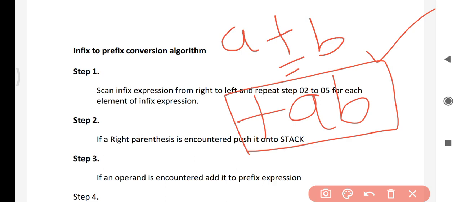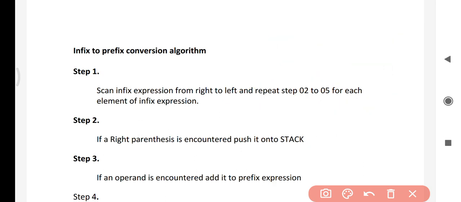That is clear now. Now we will see the algorithm to convert infix to prefix. First step is to scan the infix expression from right to left.